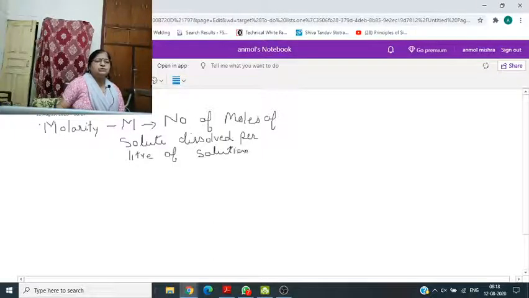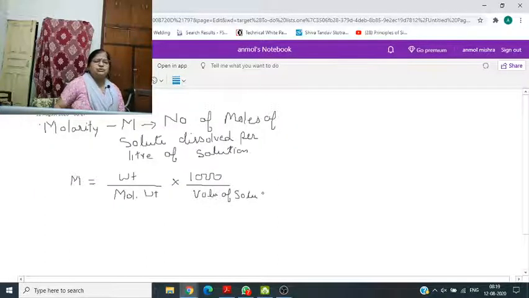So capital M is equal to weight upon molecular weight into 1000 by volume of solution in ml.